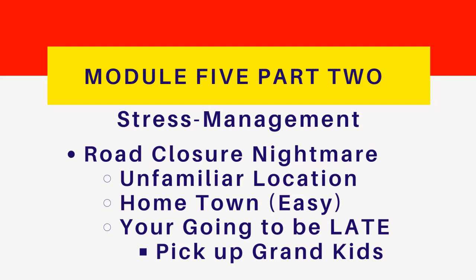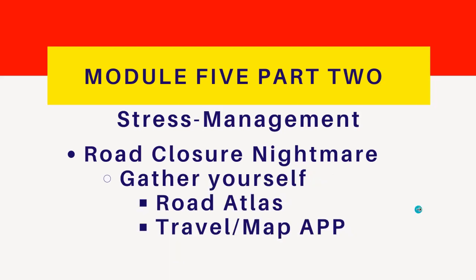Here's what I do. If I'm in a road closure nightmare, boom, I gather myself, pull off the road. Okay, how am I going to get to where I need to go? I'm in an unfamiliar area. I may be out of state, could be anywhere. Could be just a couple cities over, and a storm comes and knocks the wires down, closes the road. I totally recommend people not rely 100% on those travel apps on your phone, the MapQuest and whatnot.